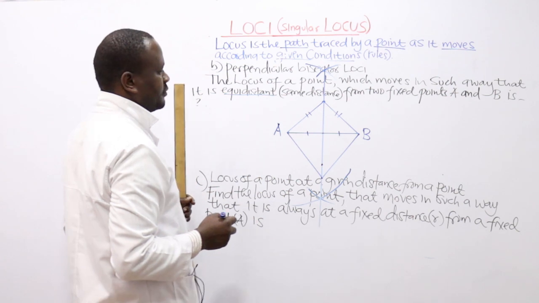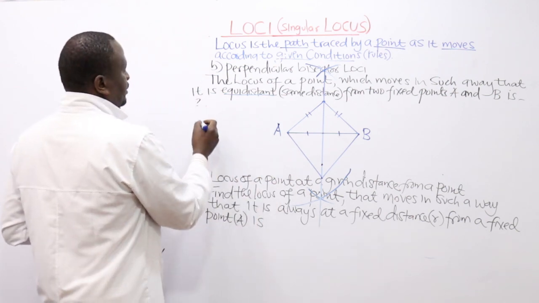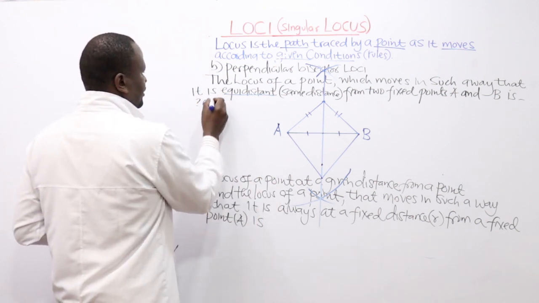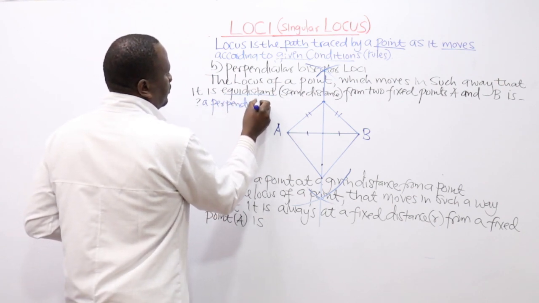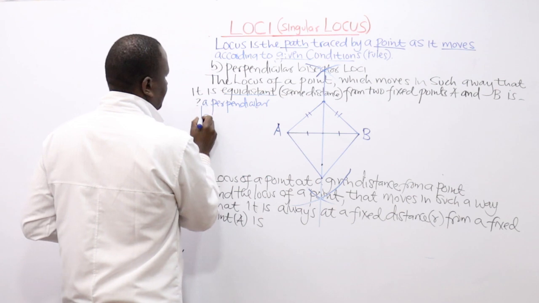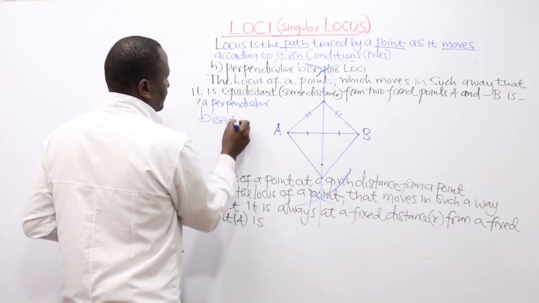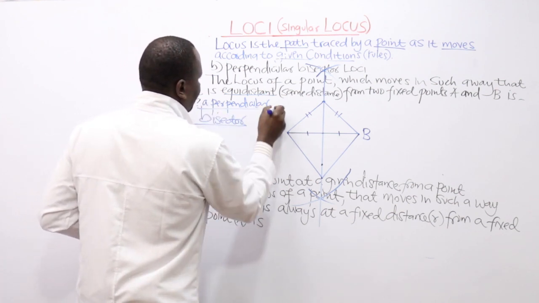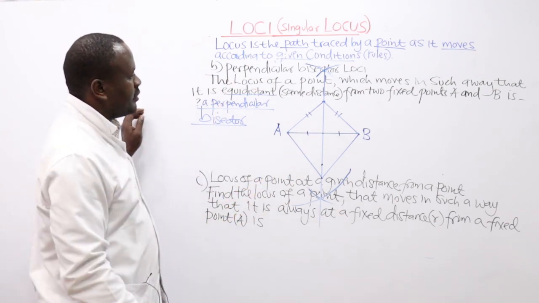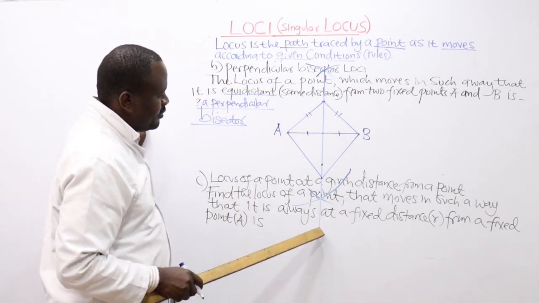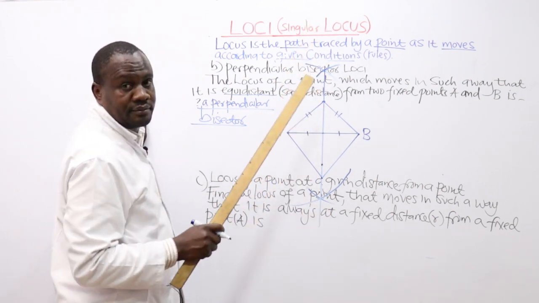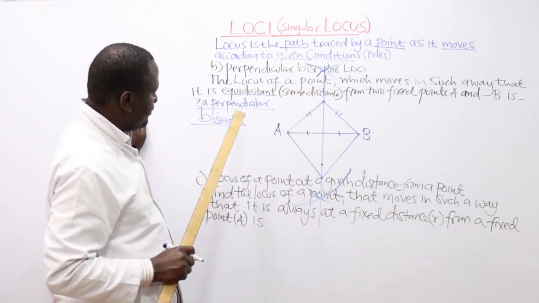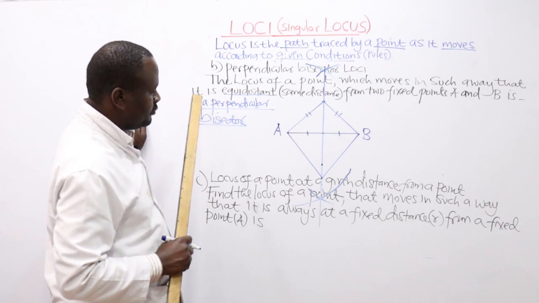So what is it? It is a perpendicular bisector. So the point can be anywhere along this line, which is a perpendicular bisector.